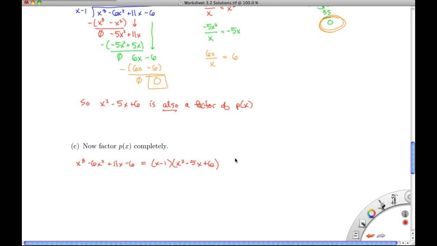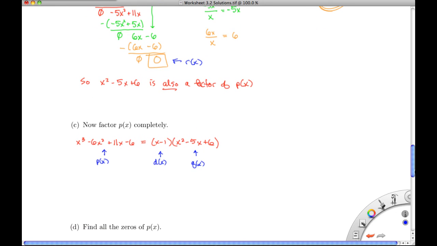Now notice this is the same format that we've been doing in that first problem. This is our p of x, this is our d of x, this is our q of x, and we don't have an r of x because our remainder r of x was actually 0. So this is just like what we did with polynomial division, except we don't have a remainder. So we've just got a nice little factored pair left here.